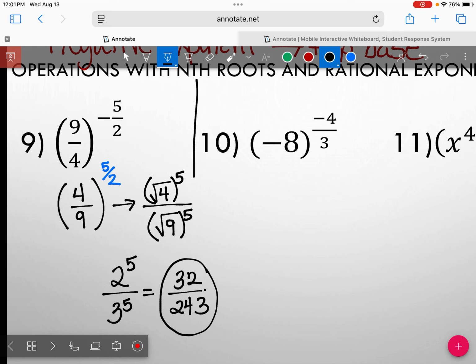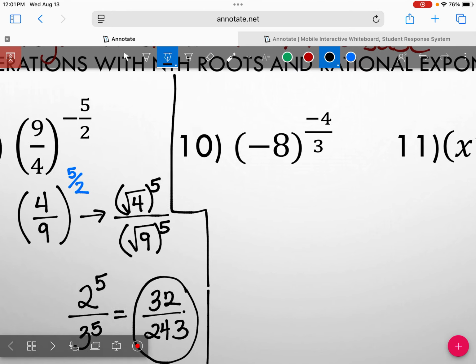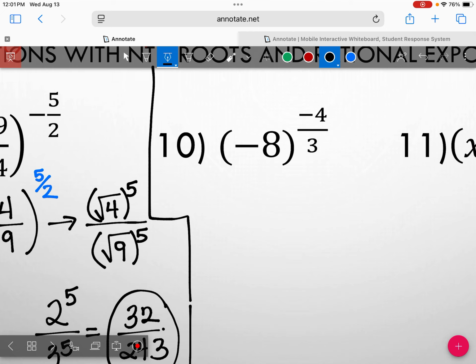All right, so let's look at number 10. Same thing. I need to flip the reciprocal of -8. It's just -1 over 8. Now, Miss Bryant, do you have to put that negative in the top? No, you don't. You can put that negative wherever you want to.